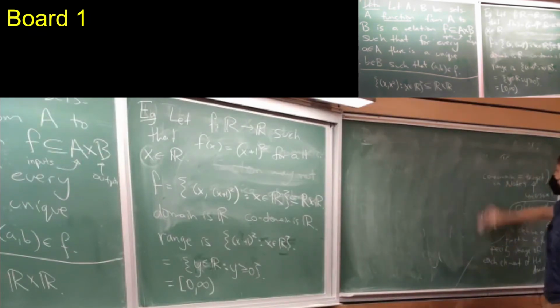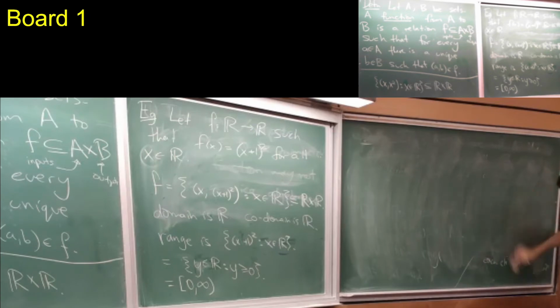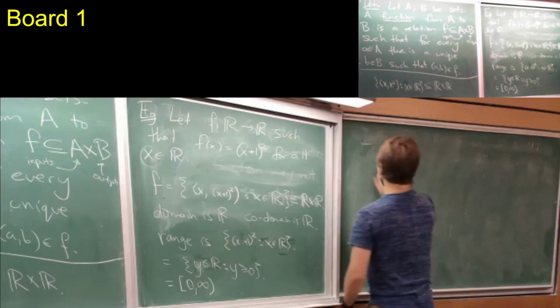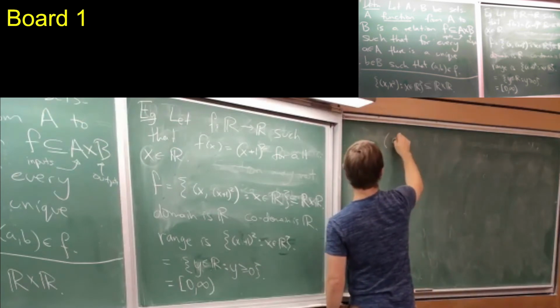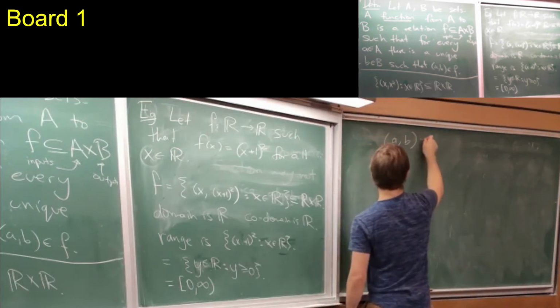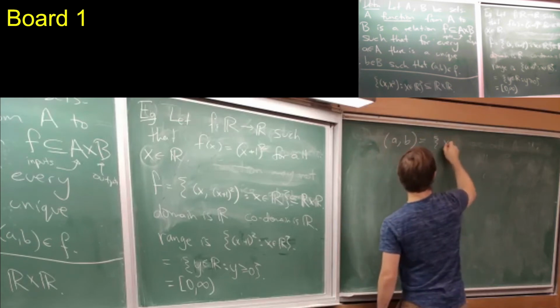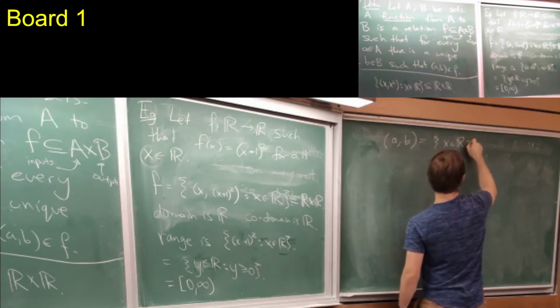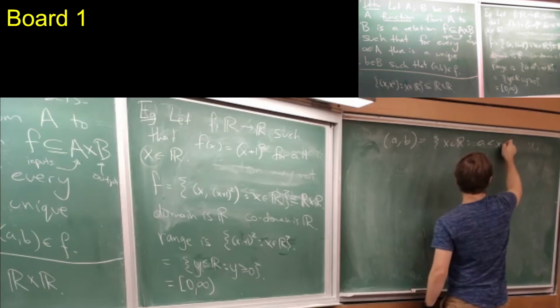So if I have open brackets a, b, that's the set of all real numbers x such that x is between a and b.